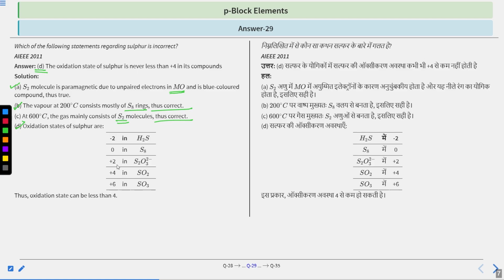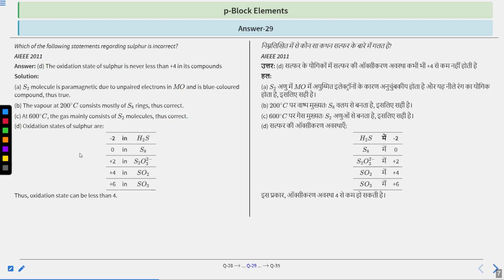You can see +2, 0 and -2 are also oxidation states which sulfur can have. So the statement in option D, that the oxidation state of sulfur is never less than +4, is the wrong one, and we have to choose the wrong statement. Thus, option D is the correct answer.